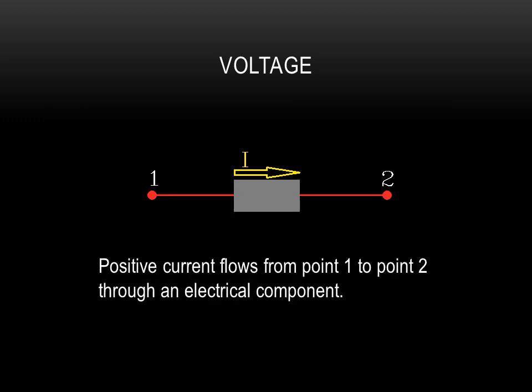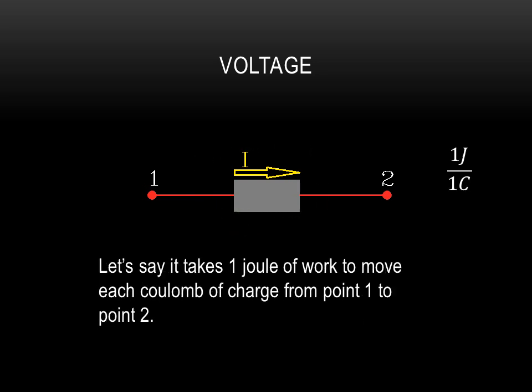Let's say that positive current is flowing from point 1 to point 2 through an electrical component. Let's also say that it takes 1 joule of work to move each coulomb of charge from point 1 to point 2.